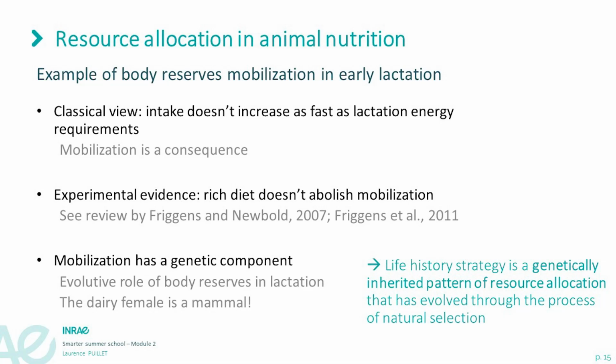Even if you feed the animal with a very, very good diet, there is still a little bit of mobilization. It's because mobilization of reserves is part of the female strategy to support lactation. She has been selected for this, and there is an evolutionary role of body reserves because it's a key aspect of the resource allocation strategy for this female. And it's just a reminder that a dairy female is a mammal. Even if it's a mammal on a farm, it's still a mammal.